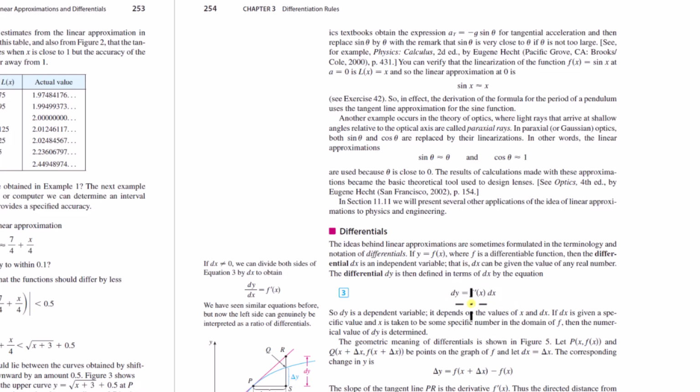Neither is dx. But it's confusing because when we take the derivative, it is. When we find f prime x, this is confusing. It kind of is, because if dy dx is equal to f prime of x, these are absolutely infinitesimally small. That's how the derivative is defined.